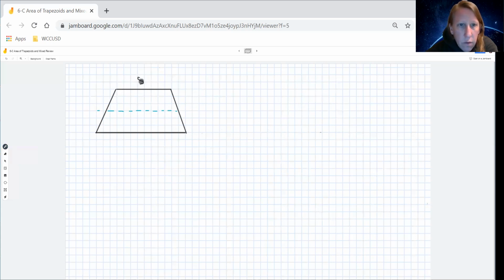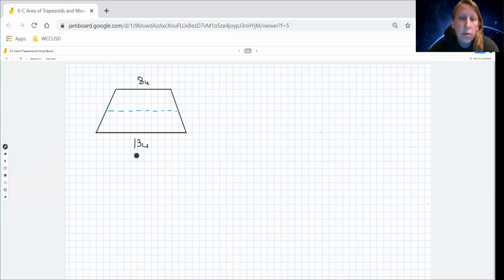It's 8 units for one of the bases. And it's 13 units for another one. This line segment I just drew is called the median of the trapezoid. And it's actually halfway in between the bases. So it's actually the average of the bases.